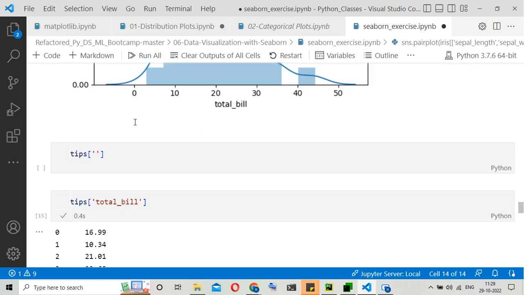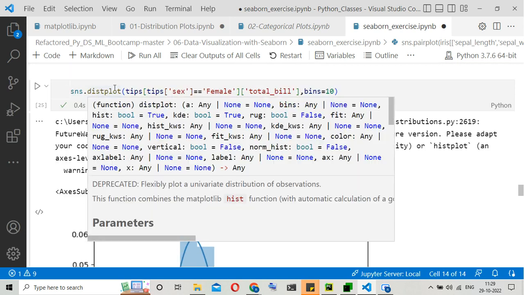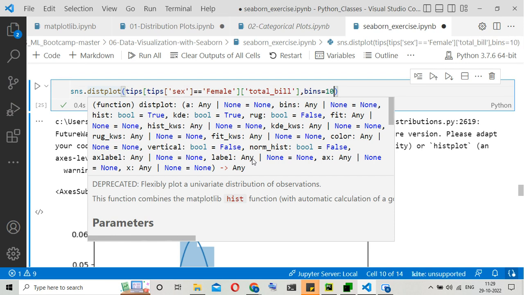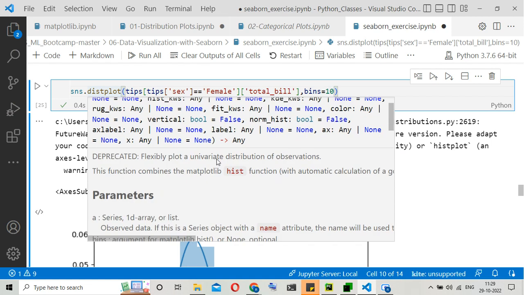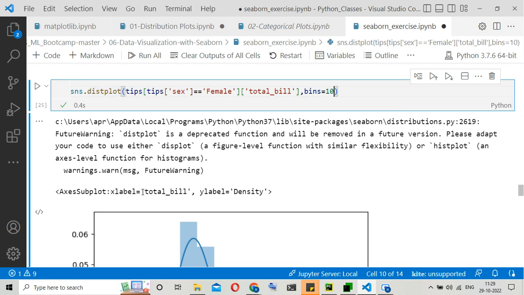Maybe we can check this with the distribution plot. In general, you can see there is a label, an X label and a Y label there probably. Labels are strings, and I think it is for the entire plot.